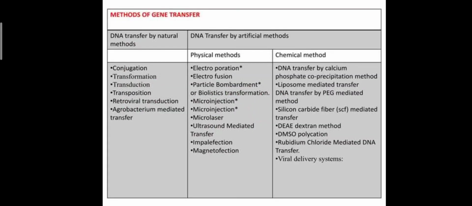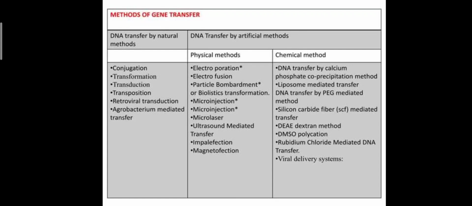The methods of gene transfer. DNA transfer by natural methods like conjugation, transformation, transduction, transposition, retroviral transduction, and Agrobacterium mediated transfer. And another two different types of DNA transfer by artificial methods: one is physical and another one is chemical methods.